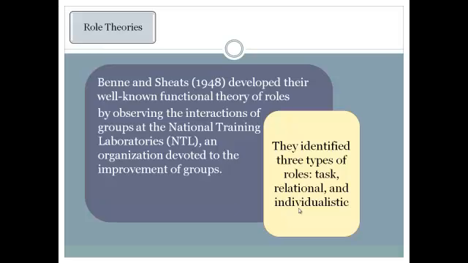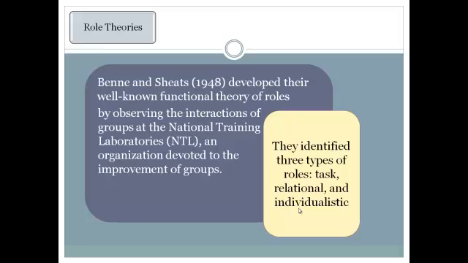And there are a number of different theories about roles that we can talk about in terms of how they develop and what their function is. The functional theory of roles identifies three general categories of roles: task roles, relational roles, and individualistic roles.